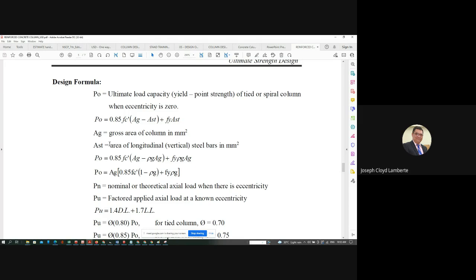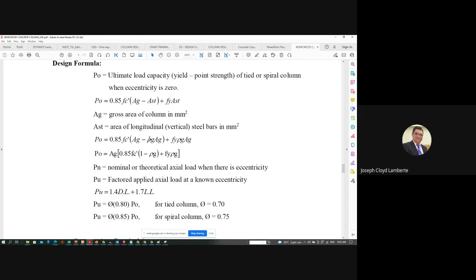Now, considering the steel ratio, which is As over Ag, it is the ratio of the area of the steel to the gross area of the concrete.